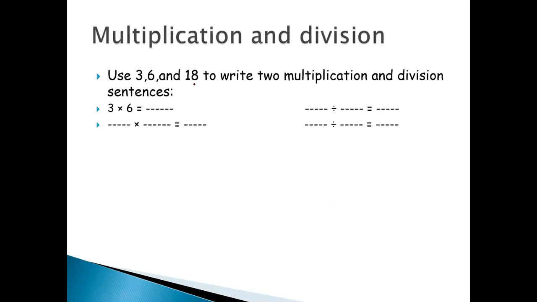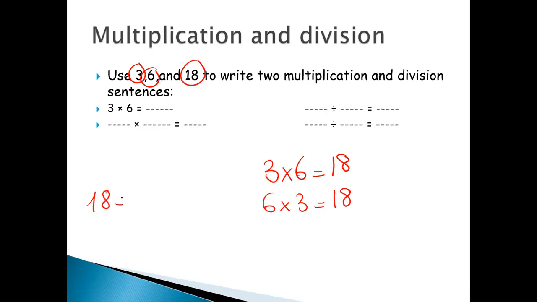Now let's revise the relation between multiplication and division. How do we use 3, 6, and 18 to write 2 multiplication and 2 division sentences? What is the relation between 3, 6, and 18? We know from the multiplication table that 3 times 6 equals 18. And if we reverse them, 6 times 3 also equals 18. And we said at the beginning of the year that if we want to divide 18 by 6, I ask myself, which number in table 6 gives us 18?